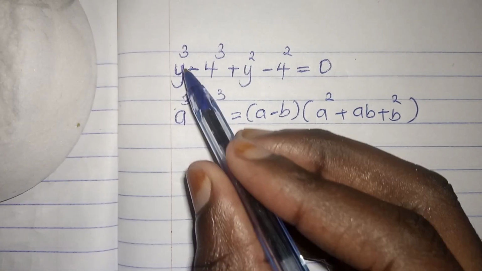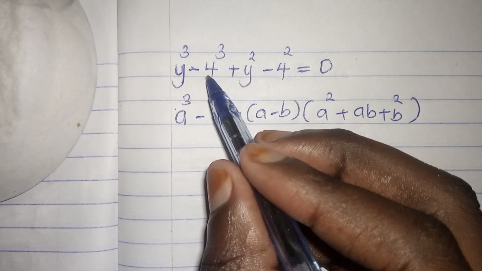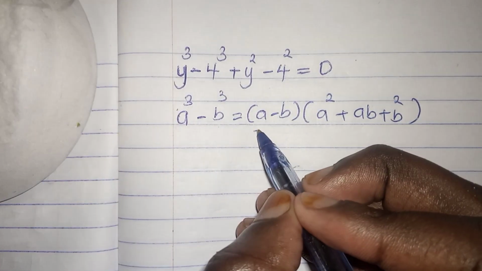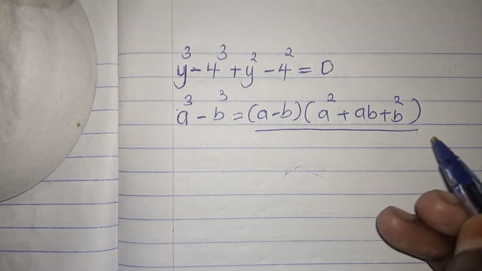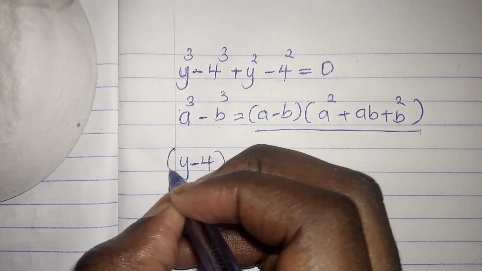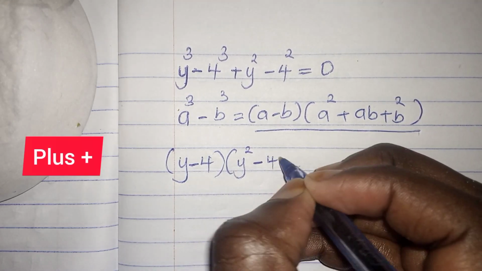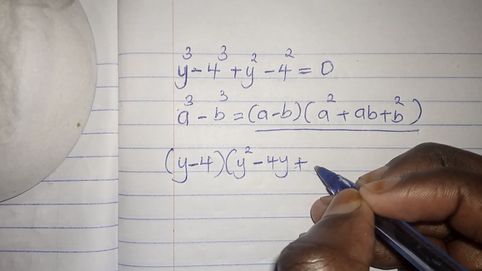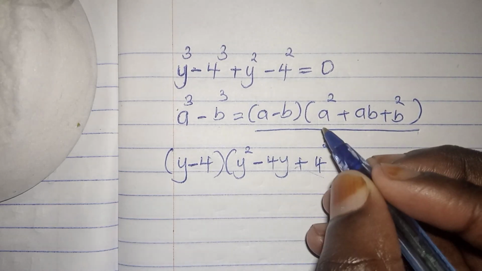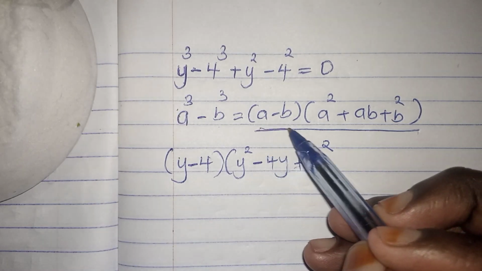So our a cubed is y cubed, our b cubed is 4 cubed. So we are going to present it in this form, and this will be y minus 4 and y squared plus 4y plus 4 squared. So we've presented y cubed minus 4 cubed in this form.